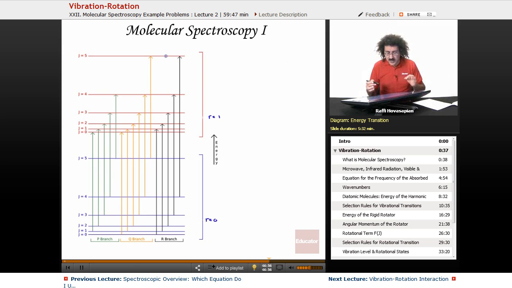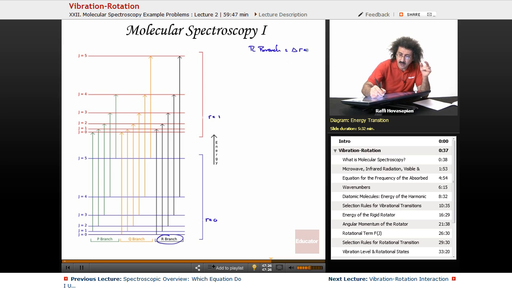Okay, what we see in the spectrum is a series of lines. For right now, let's not worry about what this Q branch is. I'll tell you in a second. So what's happening is R, the vibrational state, is going up by 1. So we're jumping up from this vibrational state to this vibrational state. Okay, so let's look at the R branch first. The R branch of the spectrum.